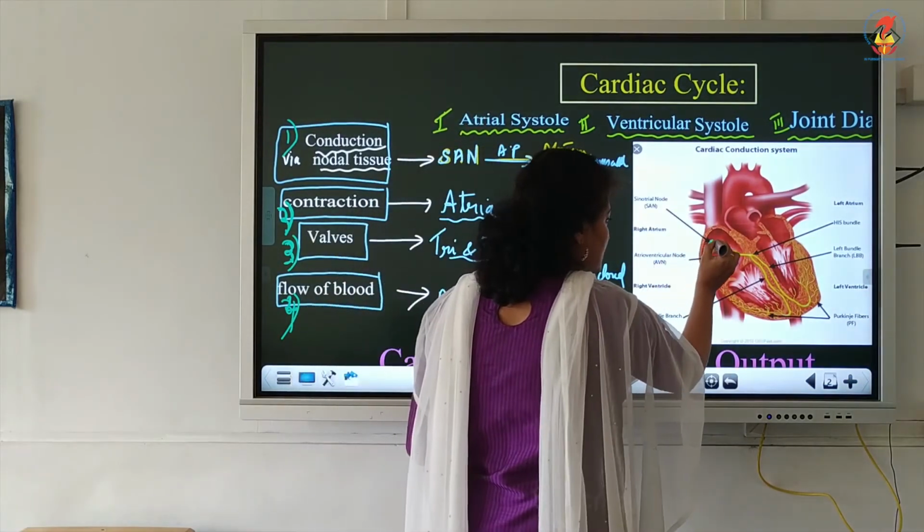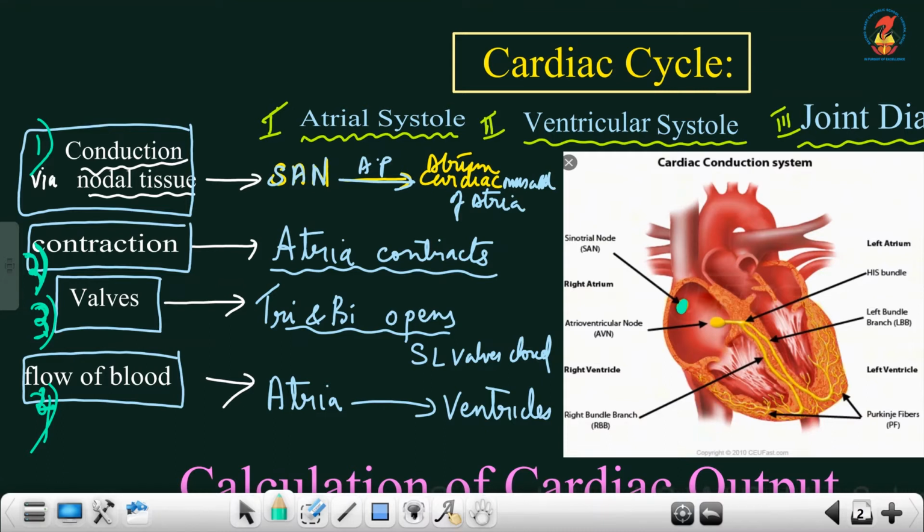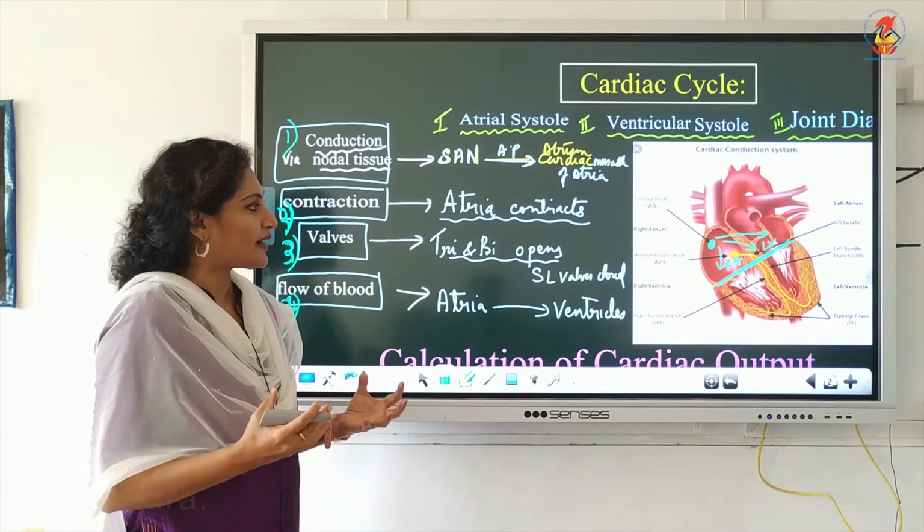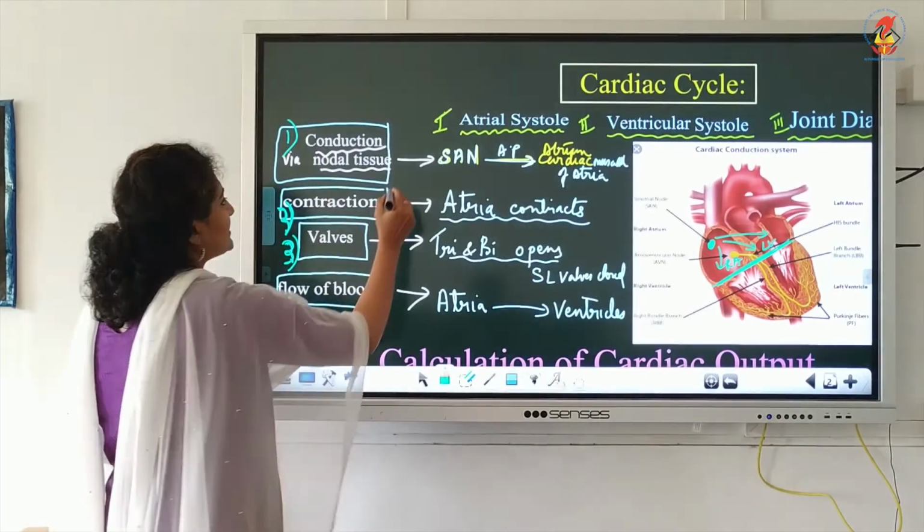The nodal tissue, that is the SA node, initiates the action potential, and this action potential gets propagated where? To both the atria, the right atrium as well as the left atrium. Both the atria receive the action potential. When both the atria receive the action potential, what happens? They contract.